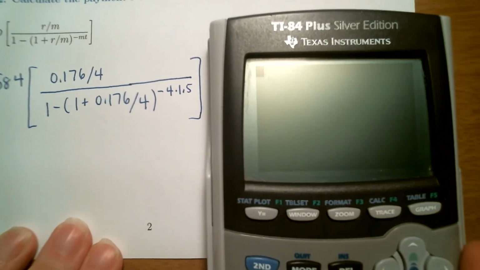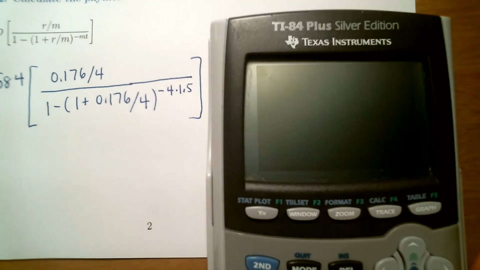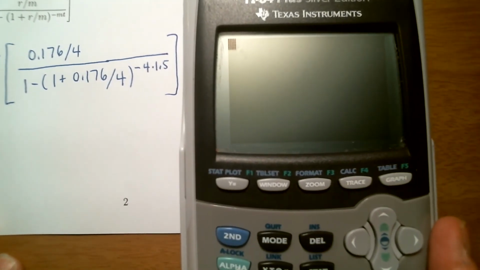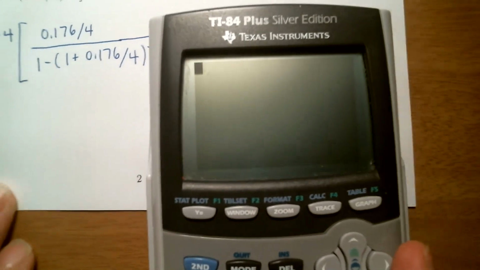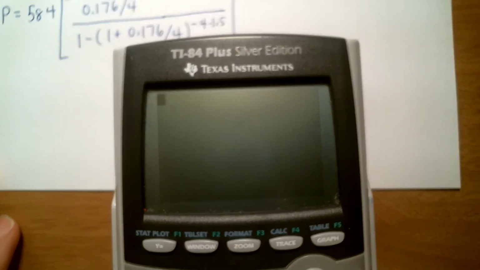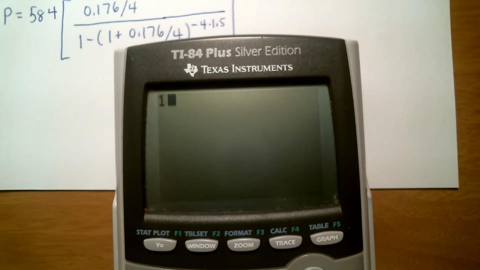Let me move this. We are going to do the denominator. I'm trying to make sure you can see this. We're going to have the denominator: 1 minus (1 plus 0.176 divided by 4) raised to the negative 4 times 1.5, close parentheses.